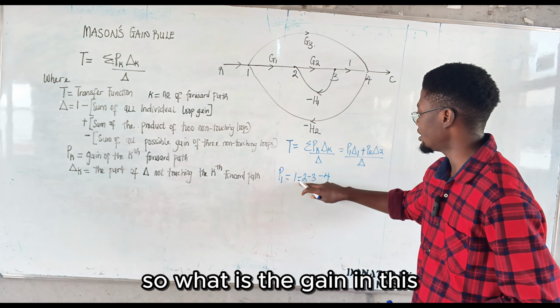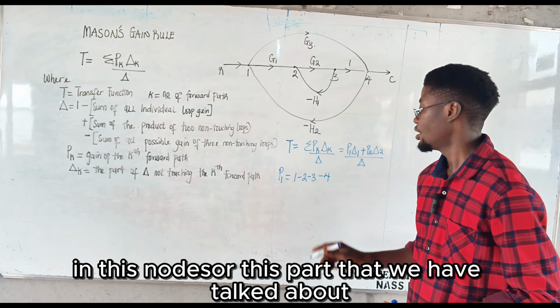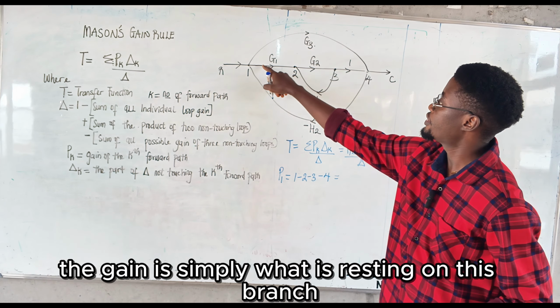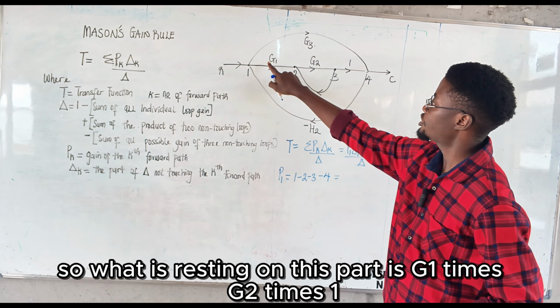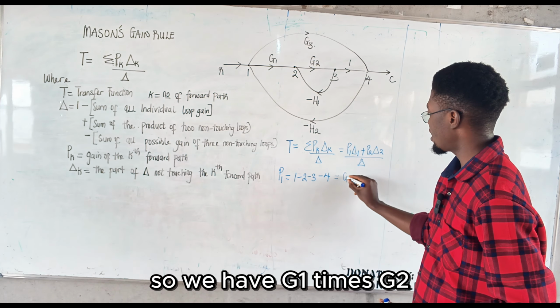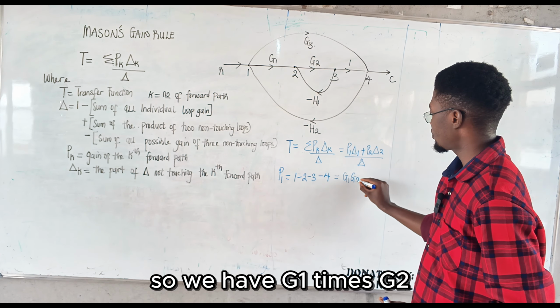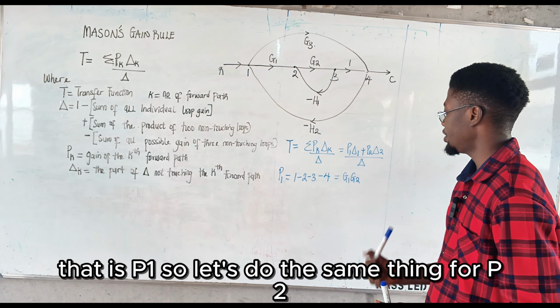What is the gain in this path? The gain is simply what is resting on this branch or this path. What is resting on this path is G1 times G2 times 1. So we have G1 times G2. That is P1.